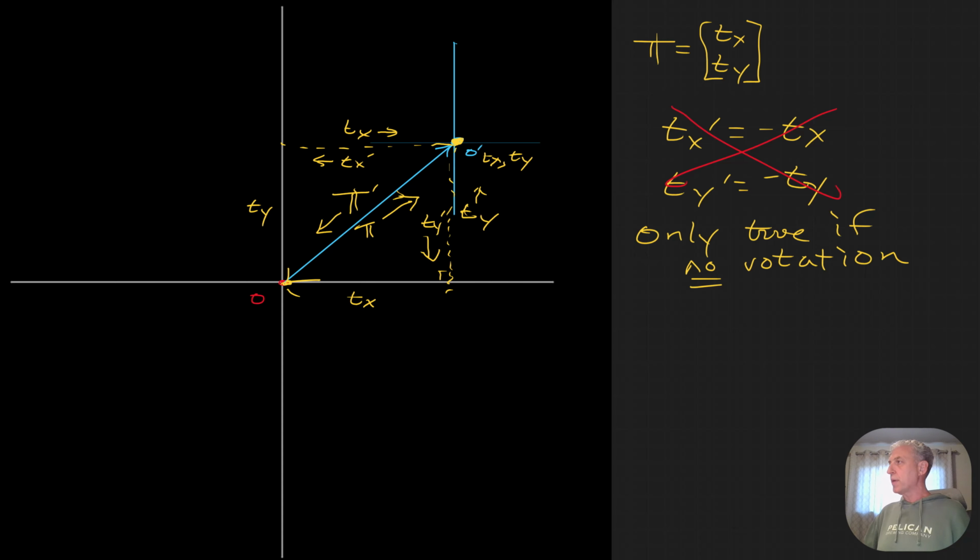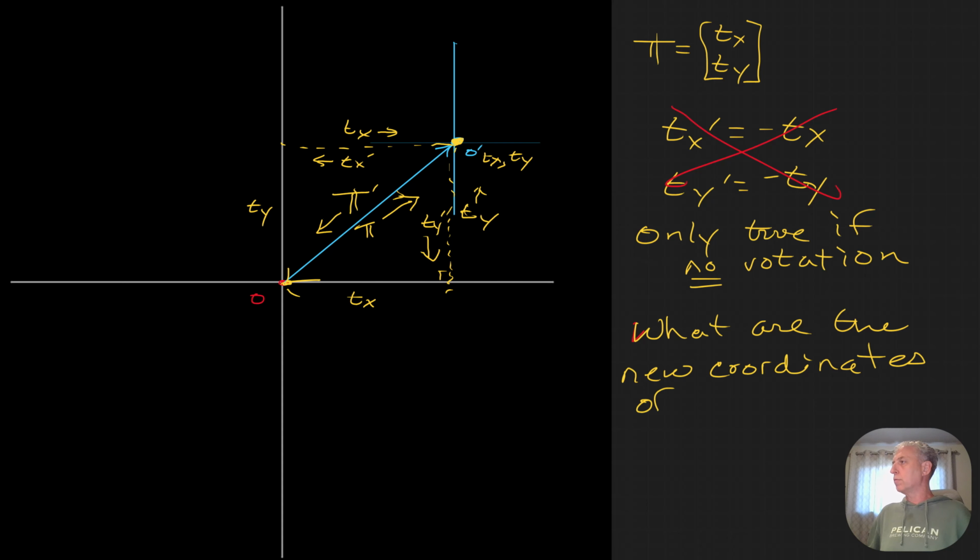So the question becomes, once we've performed our translation, what are the new coordinates of O, which is the origin of our old frame?